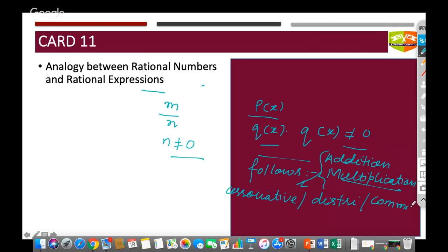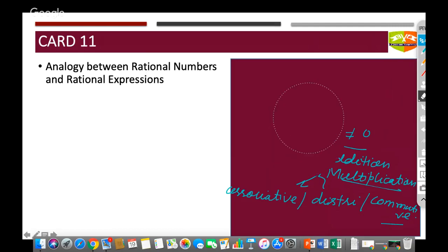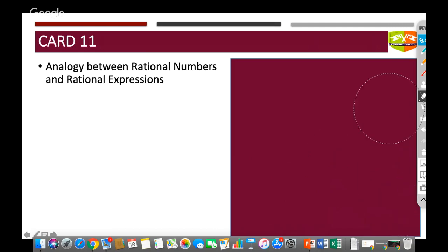All these laws are followed by both rational numbers and rational expressions. So now let me move to rational expressions properly. Algebraic expressions are basically the study of rational expressions, and any rational expression is represented by p(x) divided by q(x), where q(x) is not equal to 0.